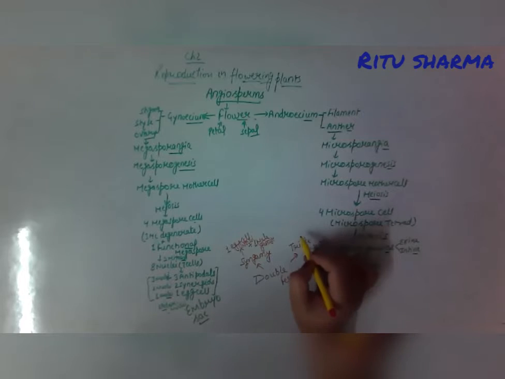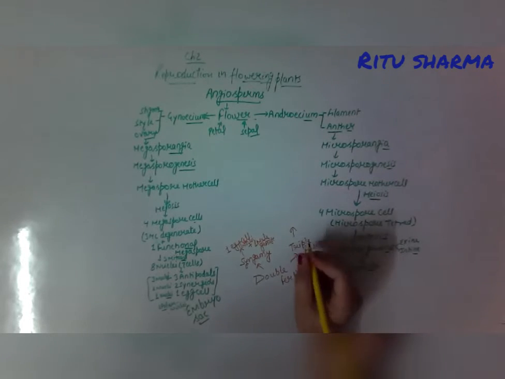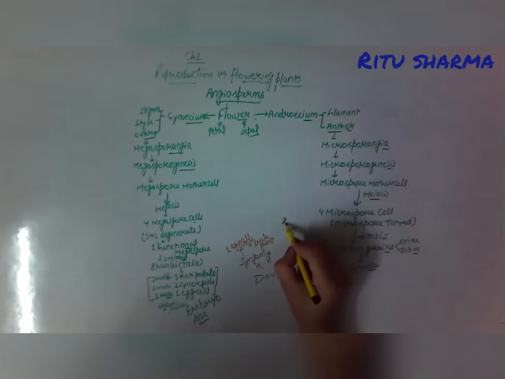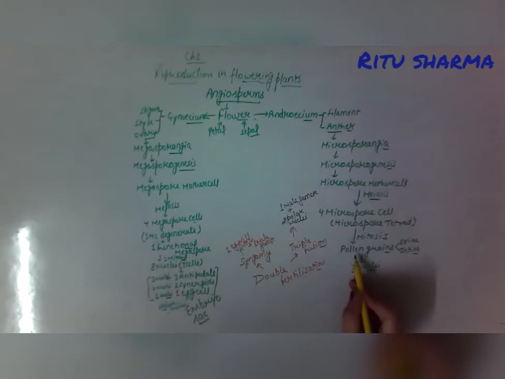Next one is triple fusion. Triple fusion is the fusion of 3 nuclei, out of which the 2 polar nuclei fuse with 1 male gamete, which comes from the pollen grain.